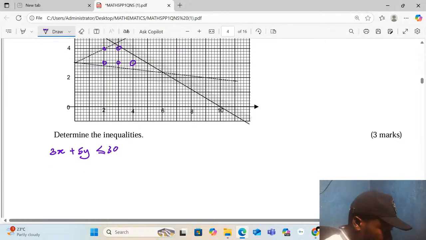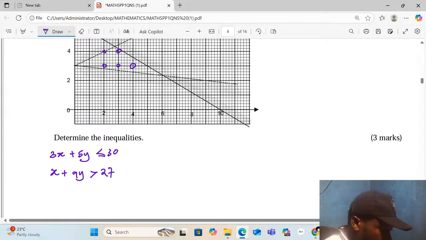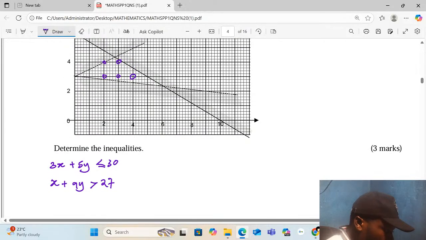Then the second inequality, we shall have x plus 9y greater than 27. No equal sign because it has a dotted line. Then the last inequality will become 2y minus x less than 6.